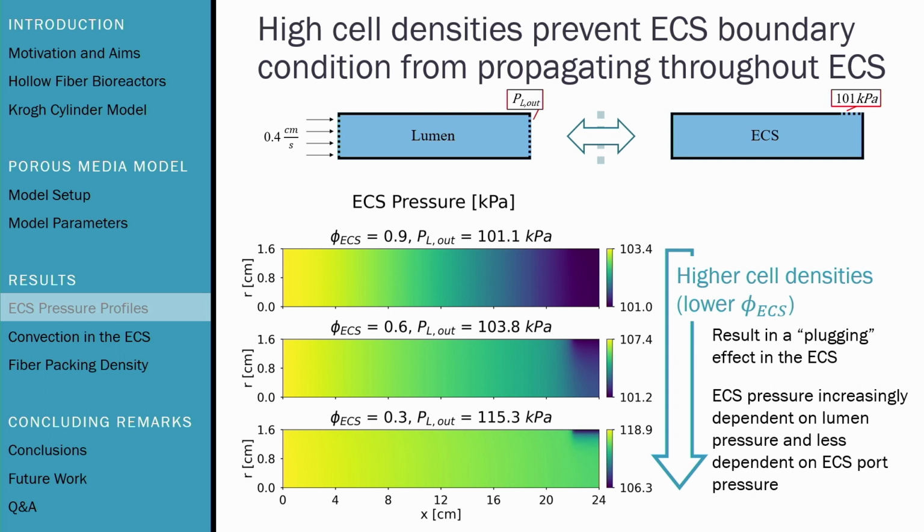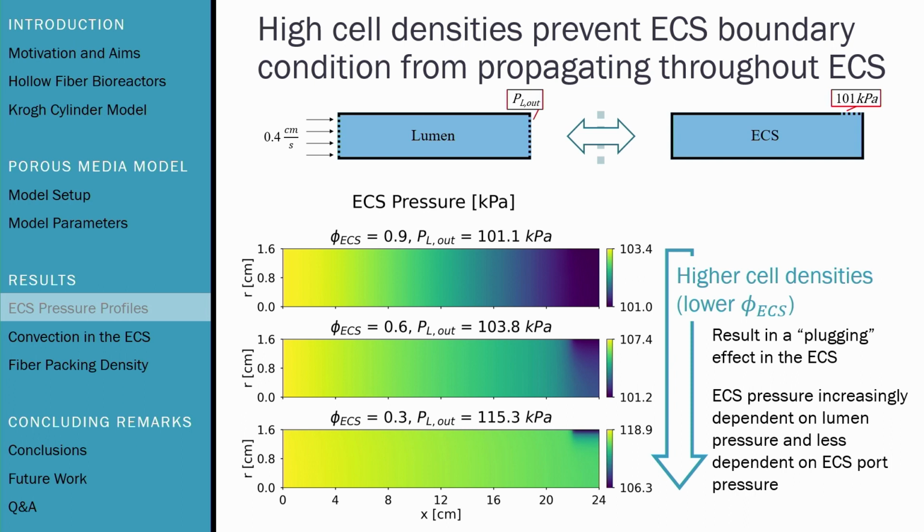And the dark blue purple is essentially the 101 kilopascal boundary condition that was set at the ECS port. And you can see that at low cell densities, that is distributed throughout the ECS, but at high cell densities, it doesn't propagate very well through the ECS. And what this is showing is that essentially the cells result in a plugging effect in the ECS.